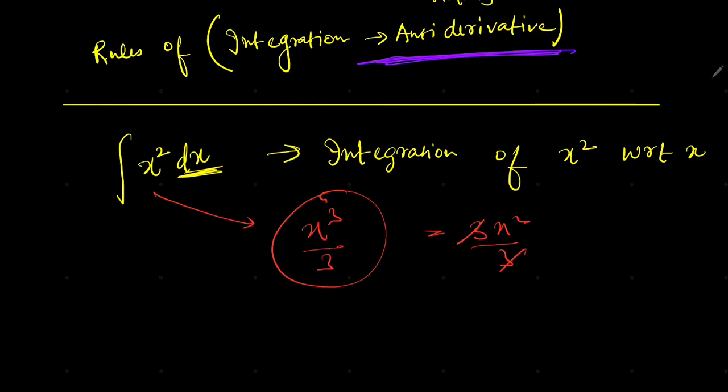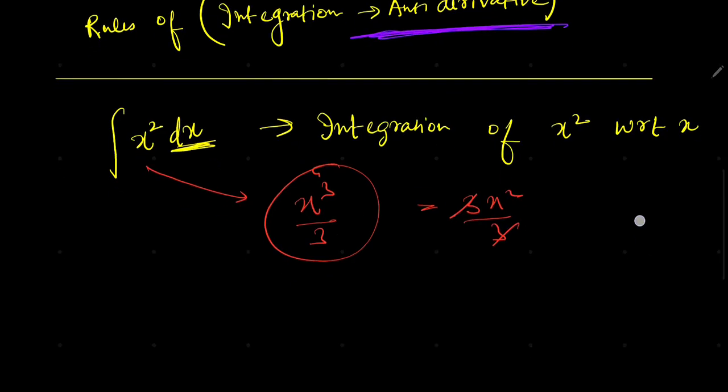So the answer of integral of x square dx is x cube by 3. You may think about what the value should be on differentiation of it, so that the question must come back, isn't it? This is how you can remember the formula of integration.